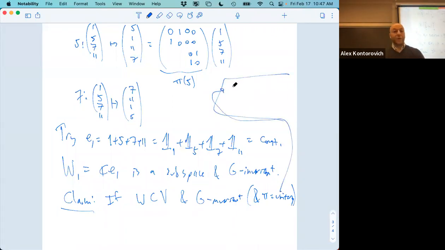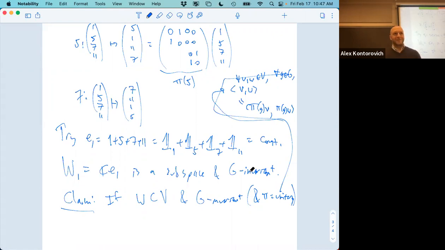Unitary means we have an inner product, we have a Hilbert space V. So for all v and w in V, and for all g in G, if you move both by g and take their inner product, those complex numbers should be the same. Okay, so it's an isometry. This inner product is how you measure angles, and so all angles are the same.